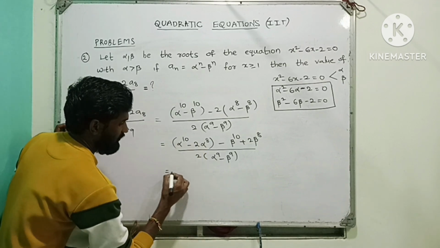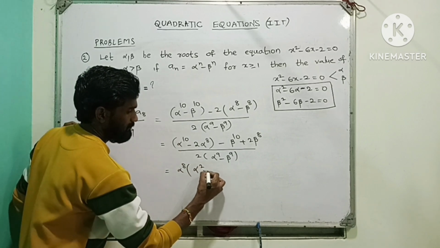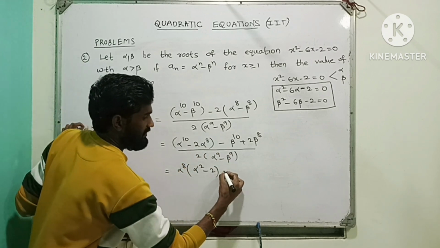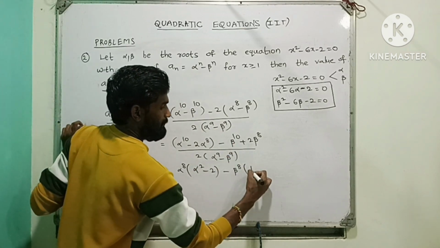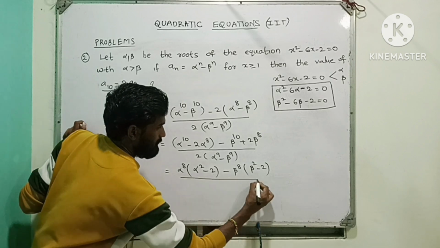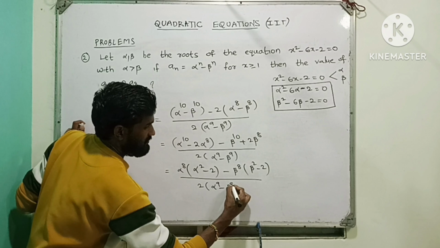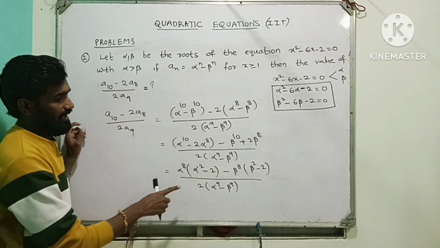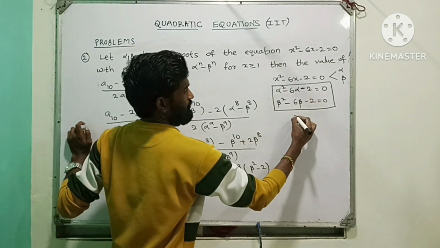Now in these two we can take alpha power 8 common, so here we will get alpha square minus 2. In the other two, if I take beta power 8 common, minus beta power 8, we will get beta square minus 2, by 2 times (alpha power 9 minus beta power 9). Now, from this equation, what is alpha square minus 2?